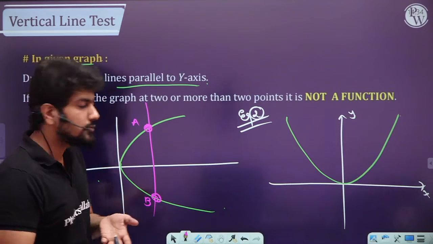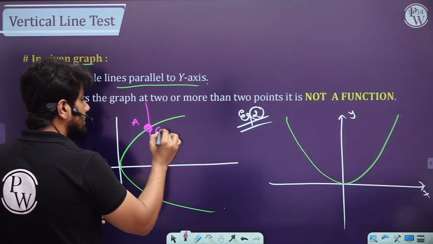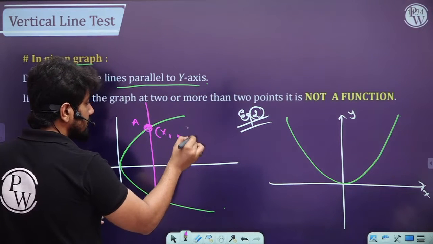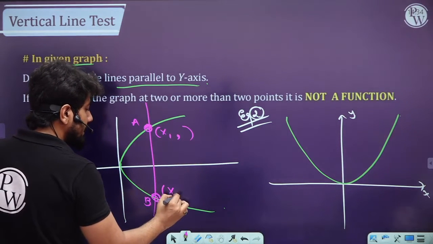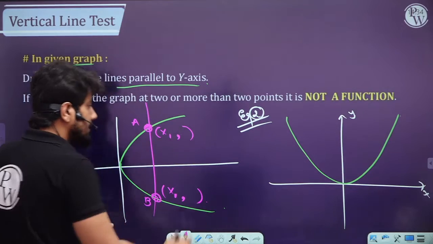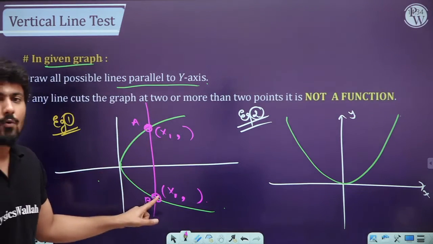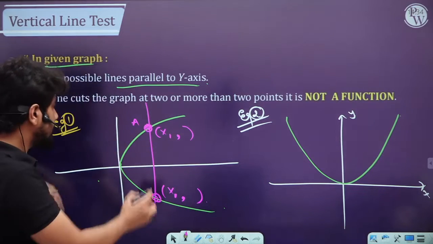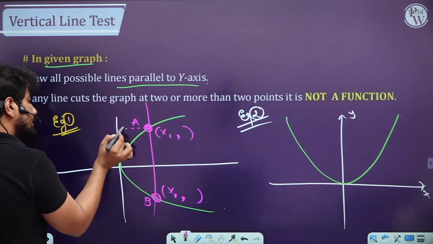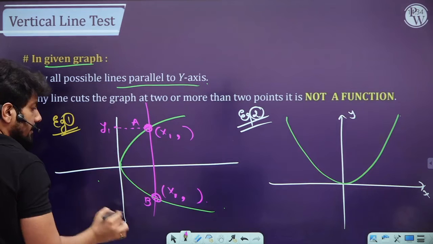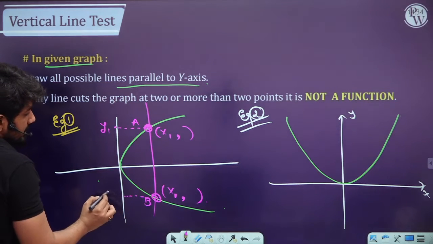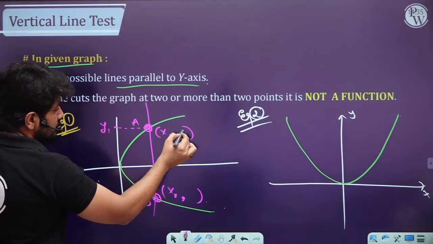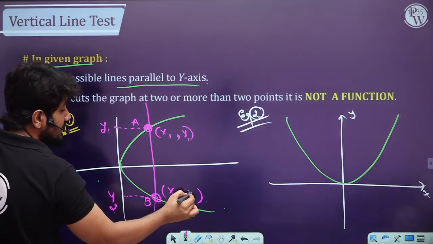Let's say that x coordinate is x1 over here. Then here also the x coordinate will be x1 only, right? The x coordinate is the same at these 2 points, but the y coordinate is different. Let's call the y coordinate over here y1, and the y coordinate over here y2. So here x1 is related to y1, but here x1 is related to y2.